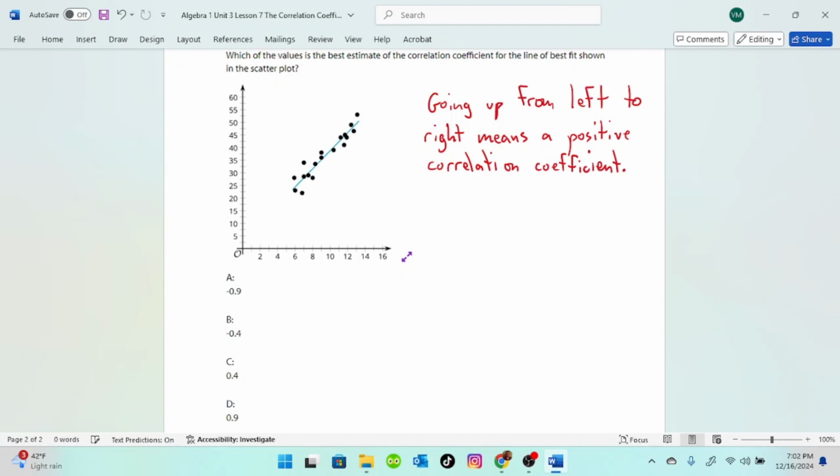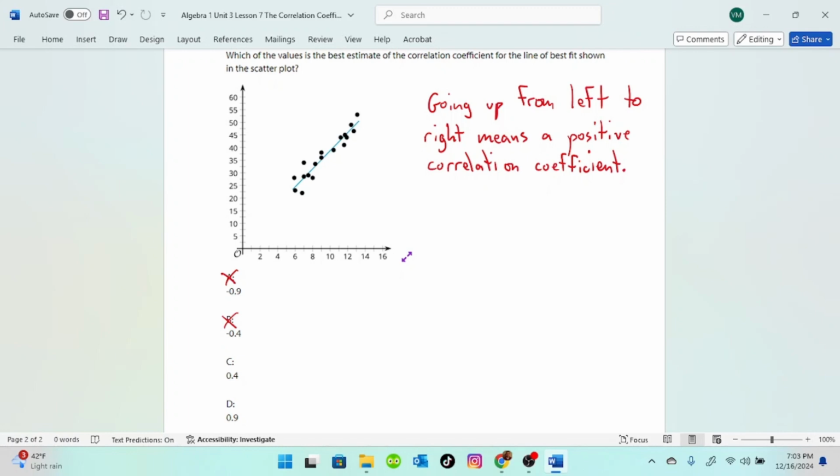So when I look through my choices, I can immediately get rid of A and B. Those are negative correlation coefficients. This trend would be going down from left to right if it was negative.